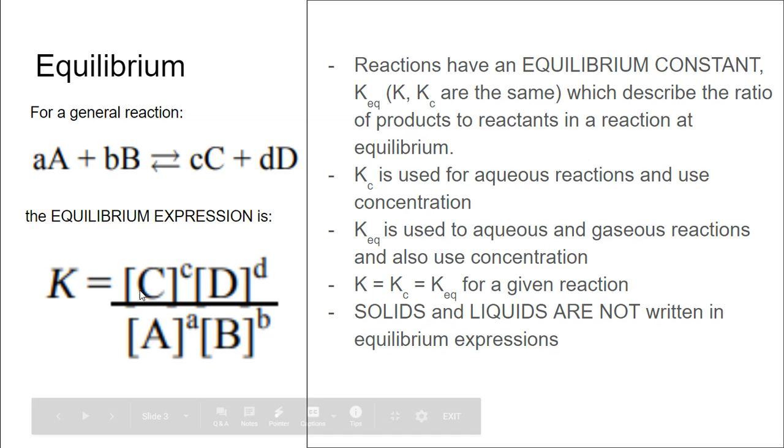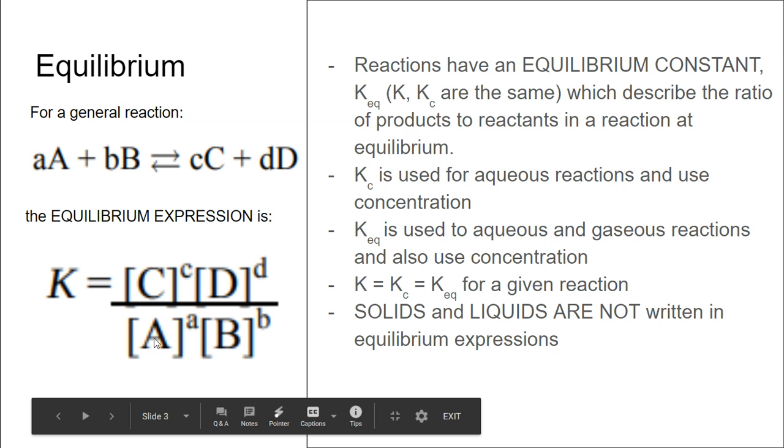When we put something in brackets like this, we mean the concentration in molarity. So this is the molarity of C to its coefficient times the molarity of D to its coefficient, over the reactants: the concentration of A to its coefficient, times the concentration of B to its coefficient. This is called the equilibrium expression. K is known as the equilibrium constant.